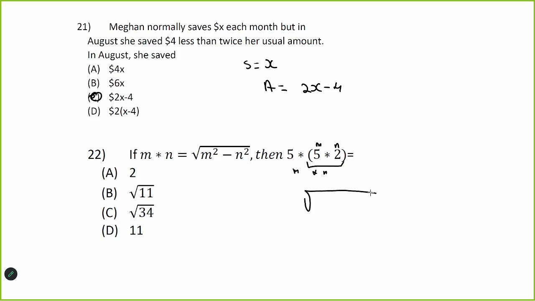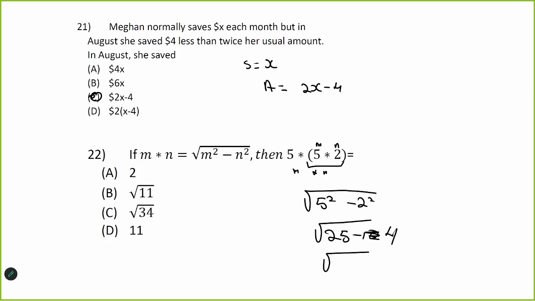So that is the square root of 5 squared minus 2 squared. 5 squared, that is 25, minus... hold on, 2 squared is 4. I don't know where I got that. 2 twos are 4. Hold on. Alright, so this is the square root of 21.